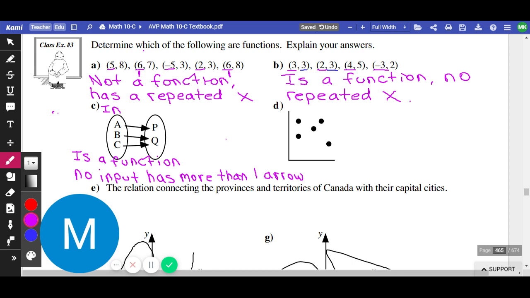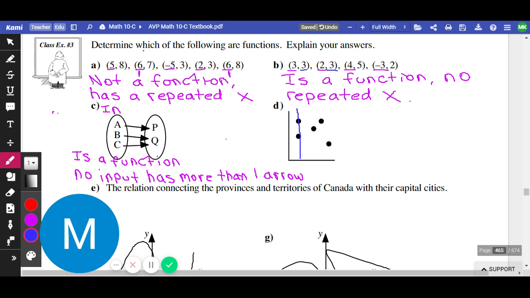If you look at D, we have a graph. The best way to check a graph is by using the vertical line test. If I can draw a vertical line that touches the graph at 2 spots, it's not a function. Looking at this thing, there's my vertical line. I am touching the graph at 2 spots. This fails the VLT.